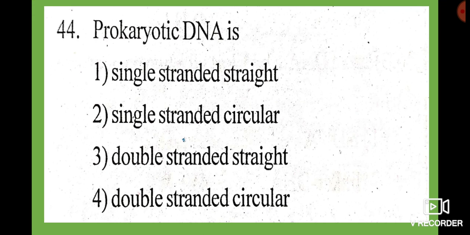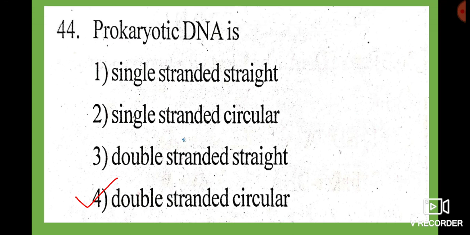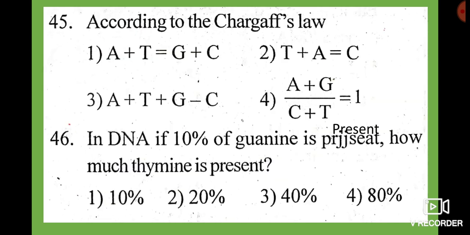Question number 44. Prokaryotic DNA is. The right option is the 4th one, double-stranded circular naked DNA. Question number 45.